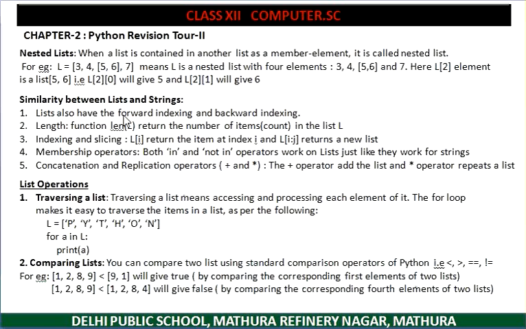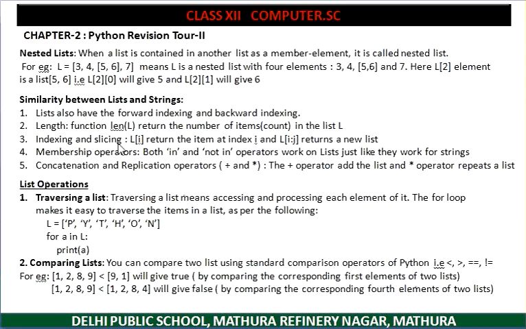Now the next heading is similarities between list and string. So there are many similarities. First, regarding indexing, lists also have forward indexing and backward indexing. All of you know forward indexing starts from 0 and backward indexing starts from -1. Second, length function. Here len returns the number of items in the list.